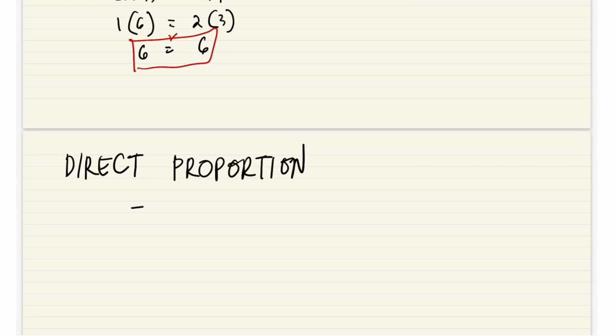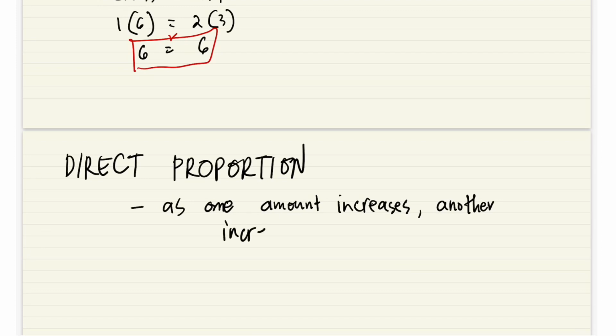Direct proportion is defined as: as one amount increases, another amount increases at the same rate.